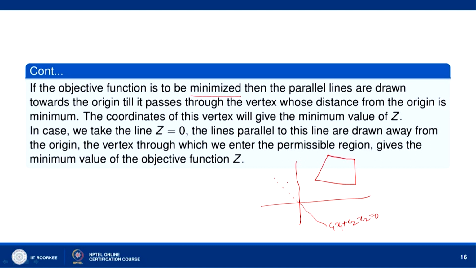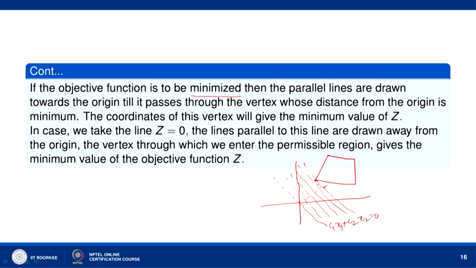Then we go on drawing lines parallel to this line. The line whose distance from the origin is minimum passes through this vertex.